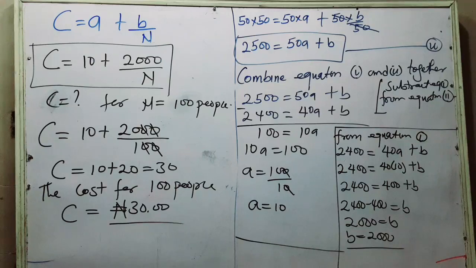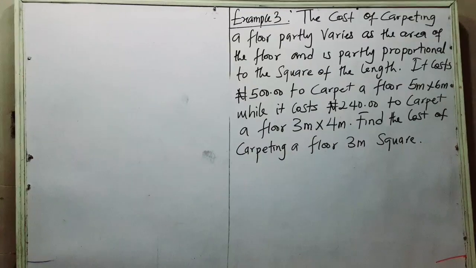So let's go to the next example that reveals another powerful secret of solving the word problems of partial variation. Example 3. The cost of carpeting a floor partly varies as the area of the floor and is partly proportional to the square of the length.